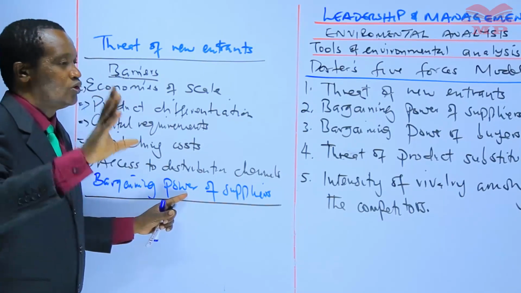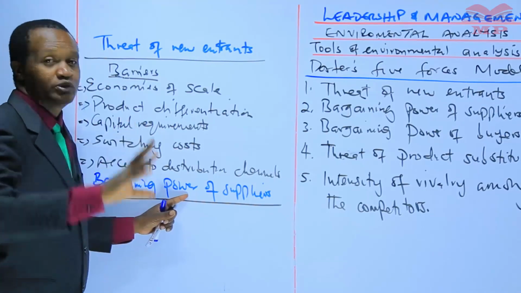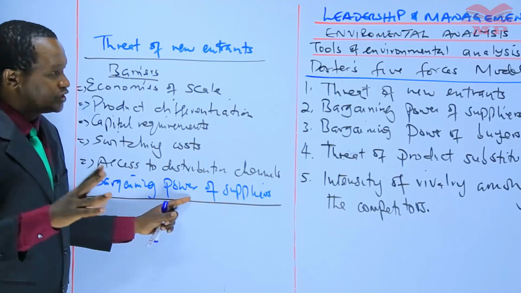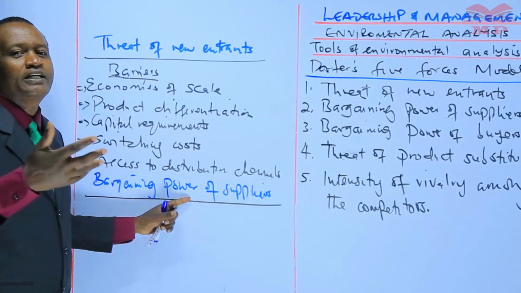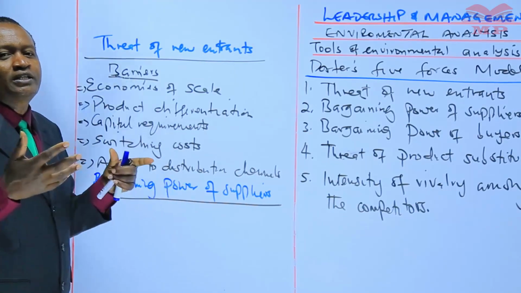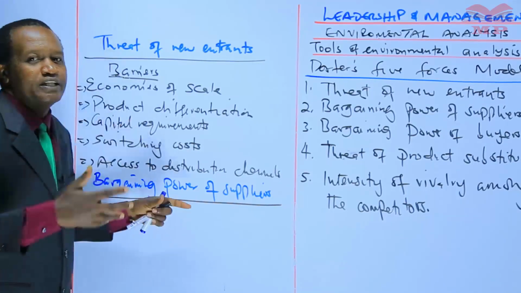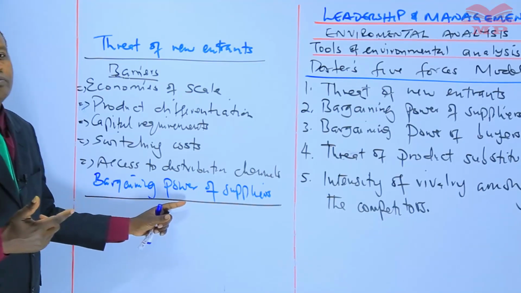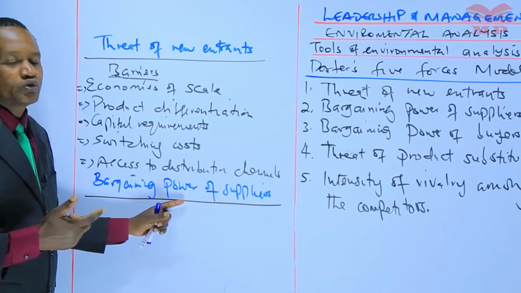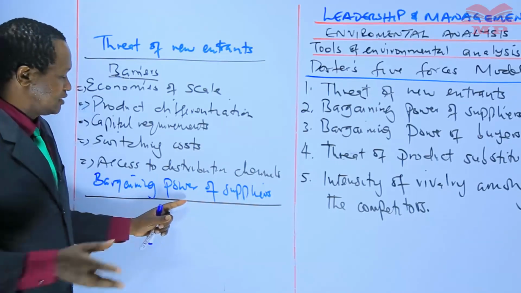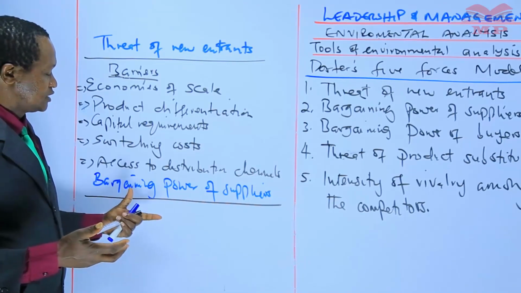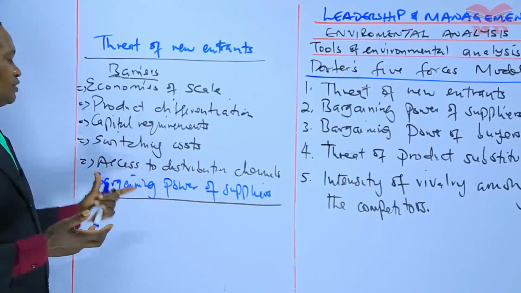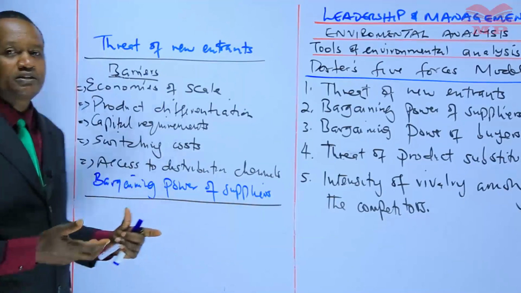Another condition, candidates, the third one, is where the industry firms are not a significant customer for the supplier group. So those are some of the factors that can make suppliers have immense bargaining power.